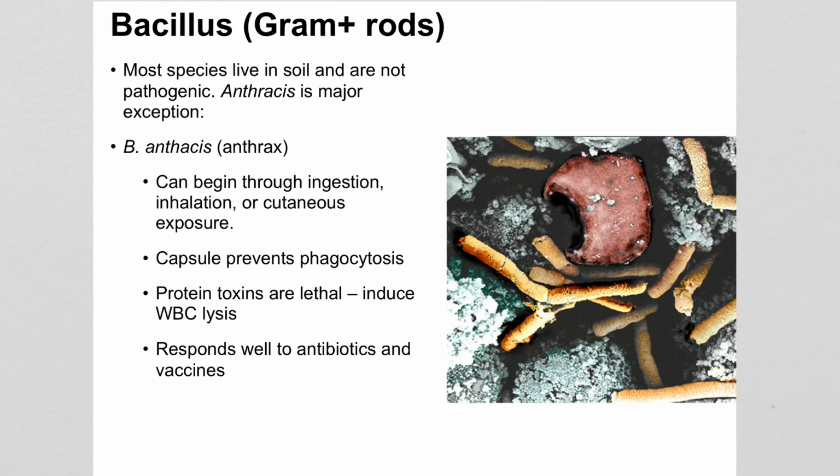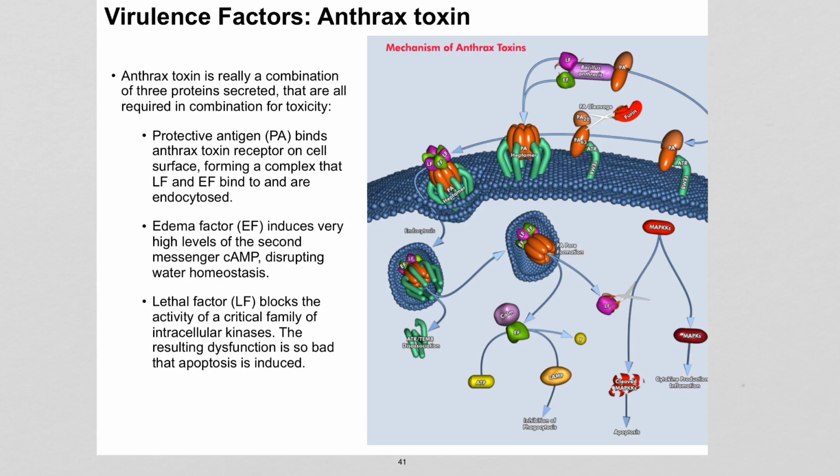And what I want you to see is this isn't just some accidental thing. It's not like anthracis, the bacterium, is just some generally bad thing that makes your white blood cells get sick and die. It's a very specific target that makes it happen. And if you think back to virulence factors, what we said is they're pretty much always proteins. And the reason is because the only thing bacteria really have is their DNA.